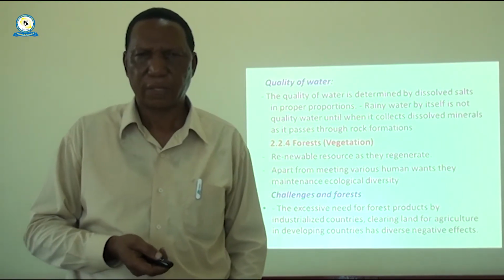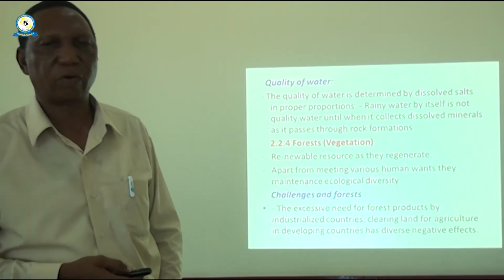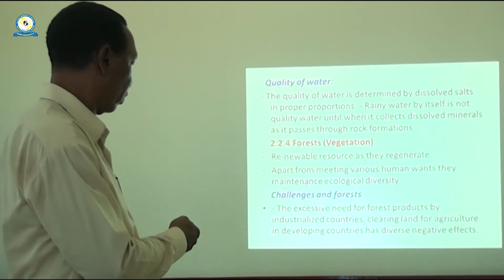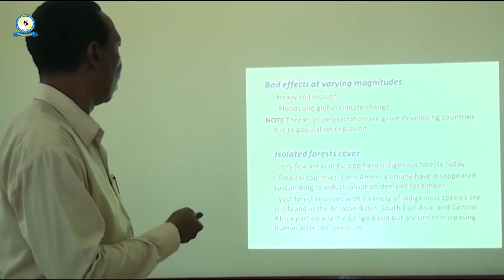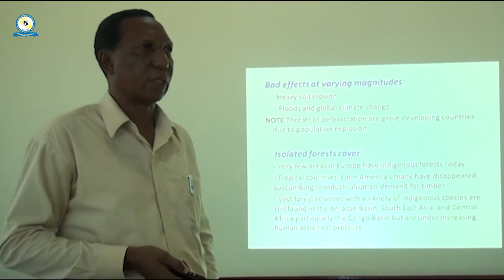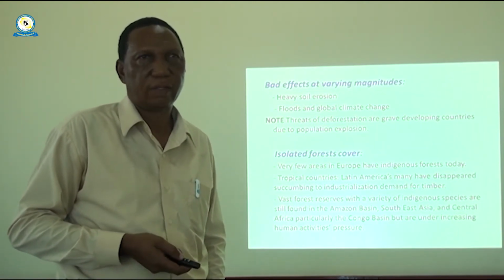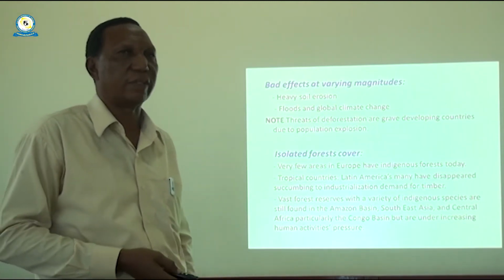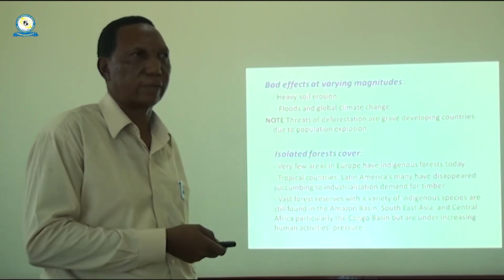And so these factors cause diverse negative effects, and we are going to see them. Bad effects, you can summarize them as heavy soil erosion. Absence of forests means the ground remains uncovered, so when rain comes down, particularly heavy rains, the runoff carries off the soil.